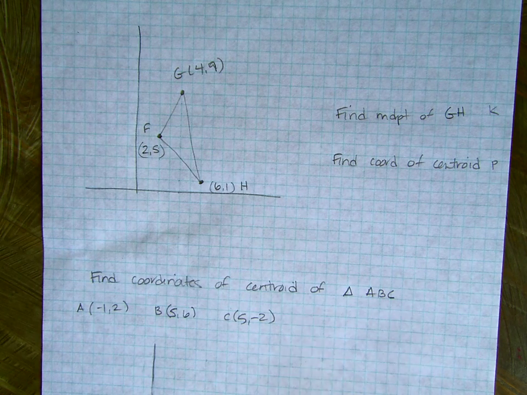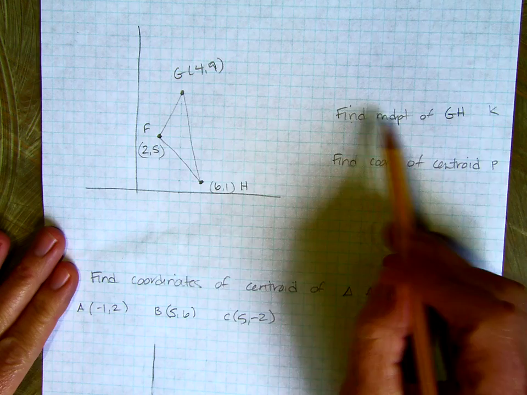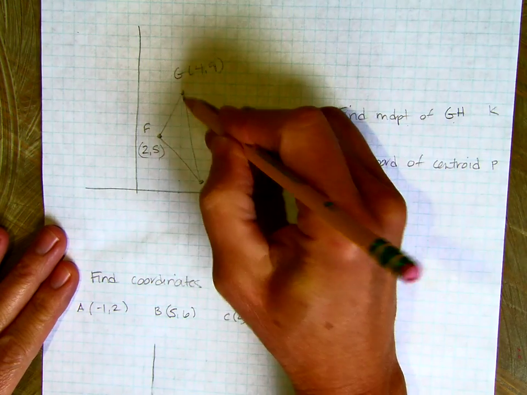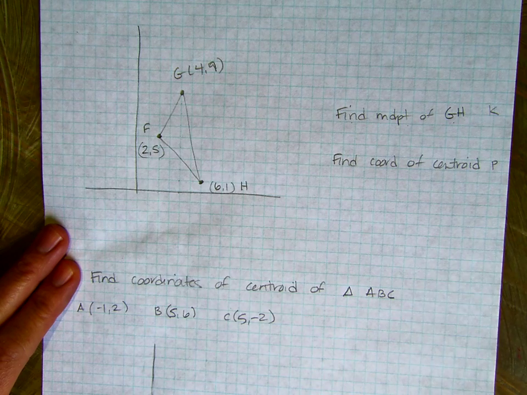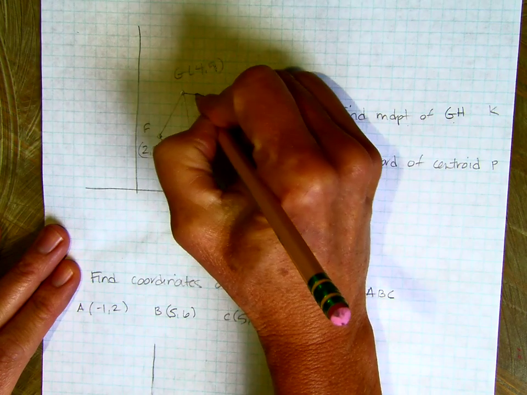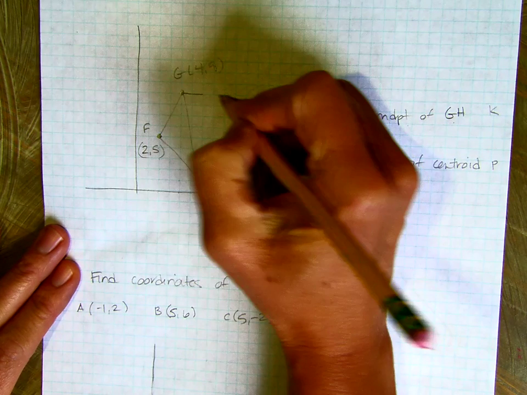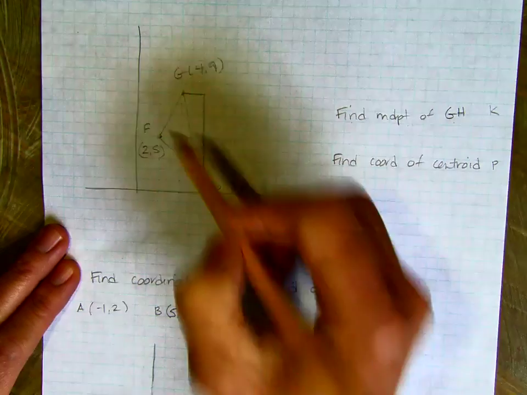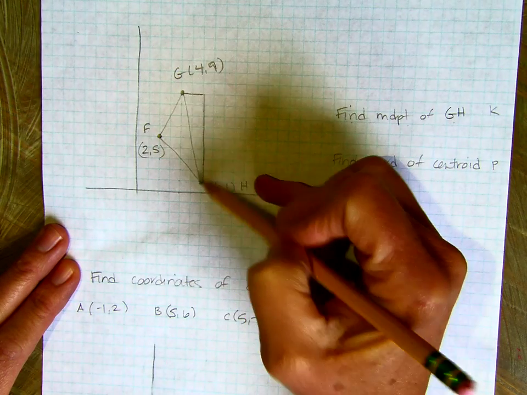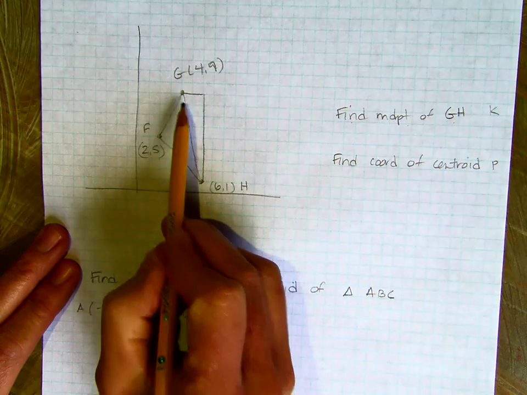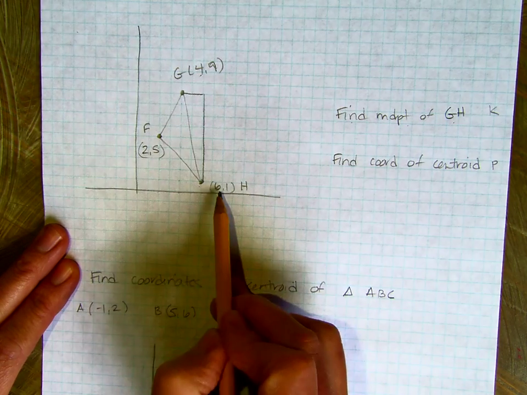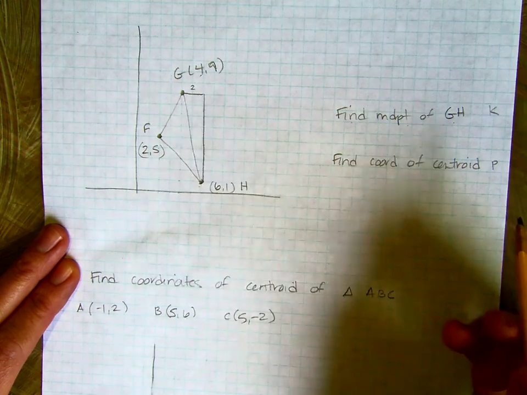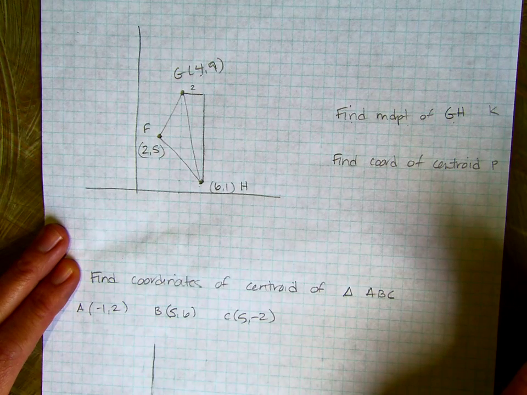Coordinate geometry is good, particularly for standardized tests. So if I want to find the midpoint of GH, now, there is a midpoint formula, but I'm not a big fan of the midpoint formula. So if I want to find the midpoint here, I have to go halfway between G and H. Well, how far is it from 4 to 6?